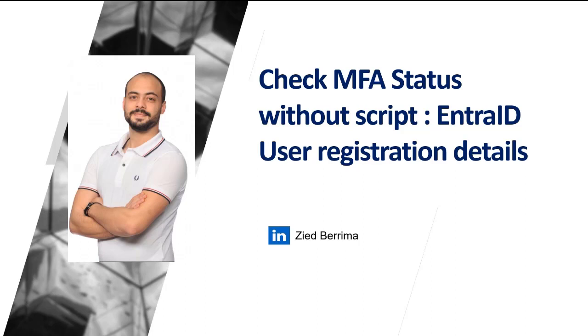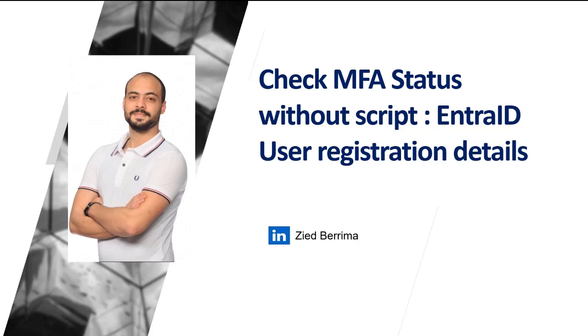Okay, nice. So let's now look at the topic of our video today, which is the checking and the audit of the MFA configuration status without typing any command, without typing any line of script. Because I know very well it is a task that requires skills in scripting and how to access the Entra ID portal with commands, with scripts, and sometimes it takes a lot of time to achieve our goal, which is the check of the MFA configuration, especially for a large number of users.